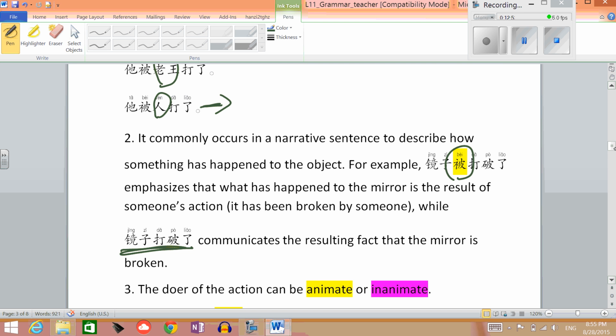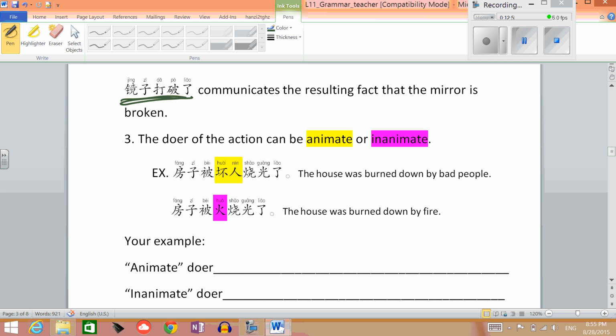The third one, the doer of the action can be animate or inanimate. For example, the first one, 房子被坏人烧光了. 房子, the house. 坏人 means bad people, bad guy. 烧 means to burn. 光 again. Remember 花光, all spent. It's empty, it's gone. So 烧光 means just burned down into ashes.